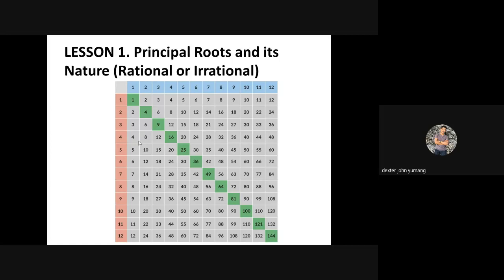Kindly look at the green items below. We have 1, 4, 9, 16. What's next? What's next to 16? 25. Next? 36.